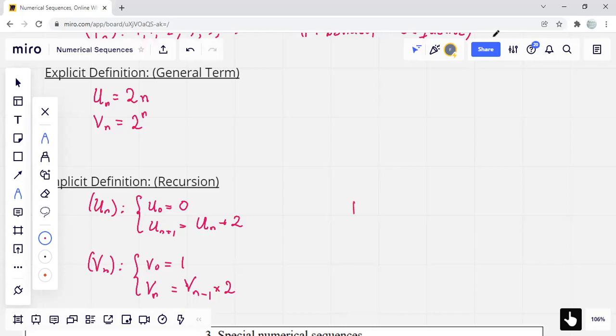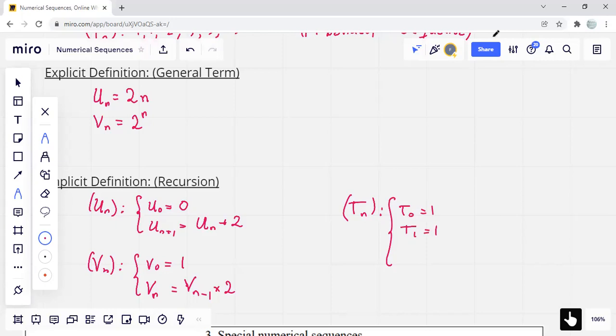Now, the Fibonacci sequence can also be expressed in implicit definition or recursion, but we have to define two initial values. So T0 is equal to 1, T1 is also equal to 1, meaning the first two terms are 1 and 1.